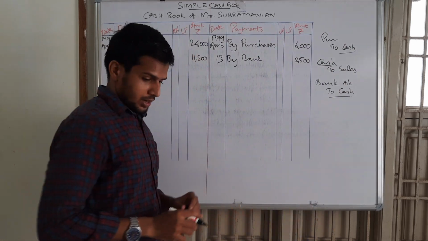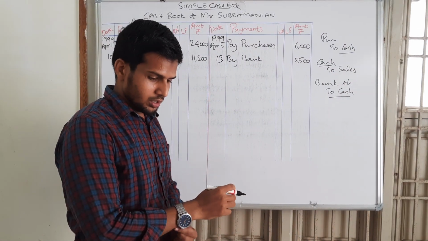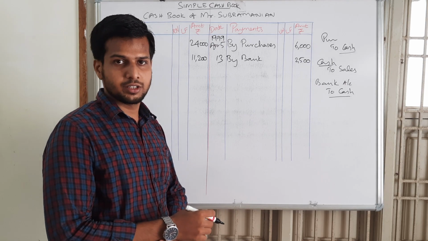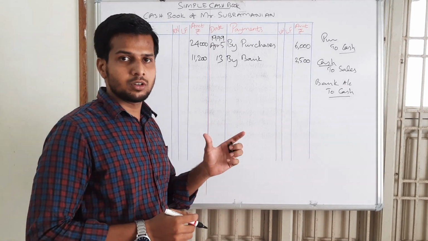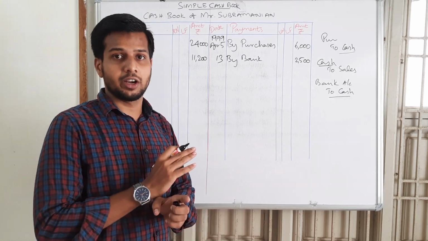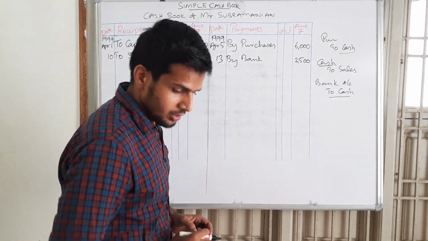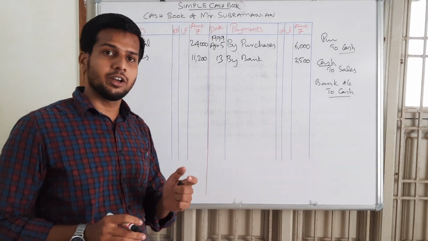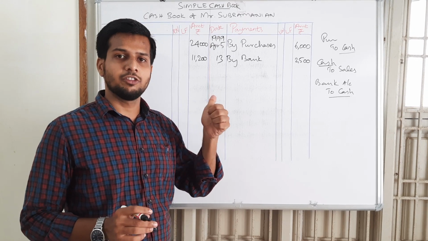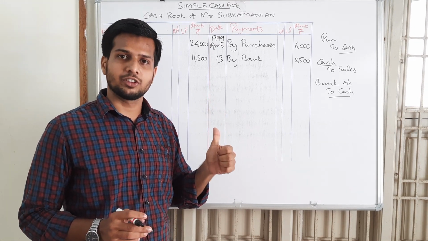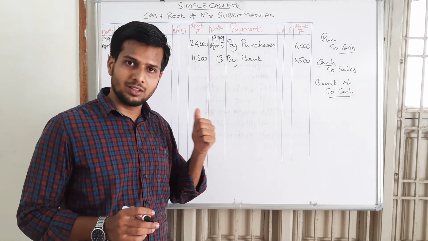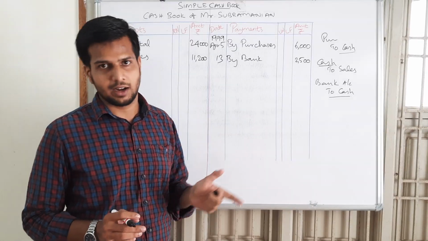Right. And next we move on to April 14. Sold goods to Ganesan on credit. So cash book is the book for recording only the cash transaction and not the credit transaction. Sold goods to Ganesan on credit should be recorded in the sales book, because in the sales book we record only the credit transaction and not the cash transaction. But in the cash book we record only the cash transaction and not the credit transaction.